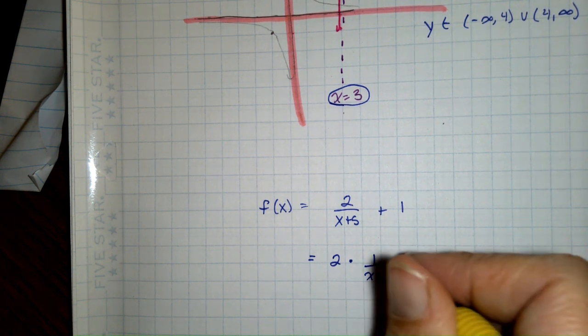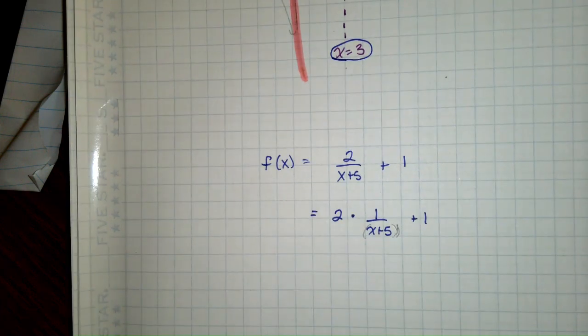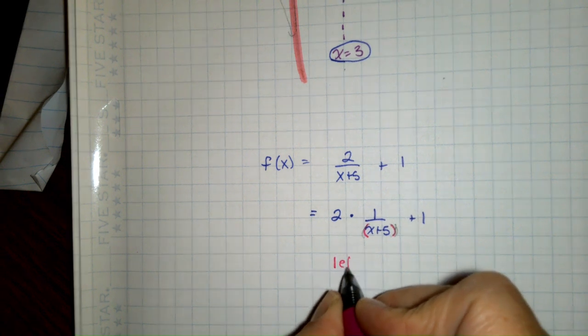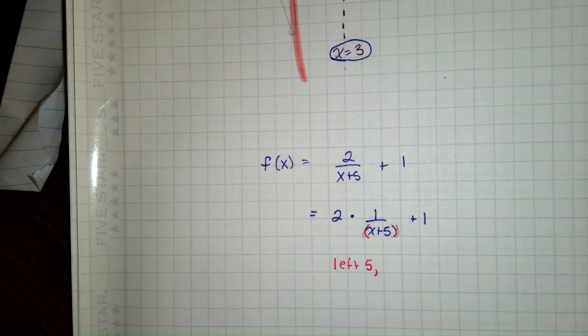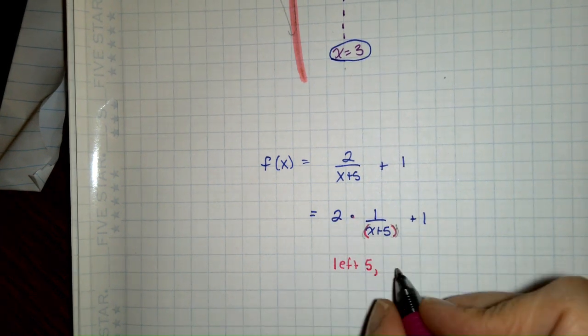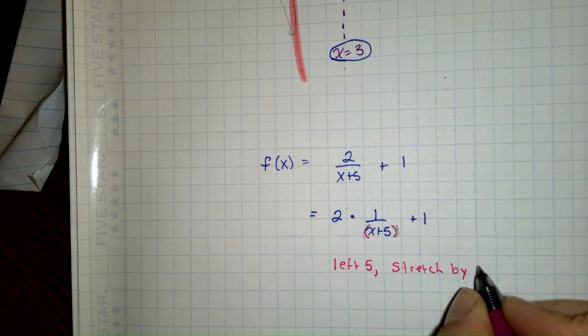Again, technically parentheses. So because of those parentheses, we do that first. Left 5, because that's the h value. And if you remember, a multiplier value is a stretch value. Stretch by a factor of 2.